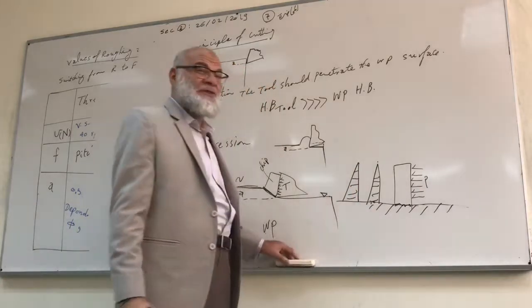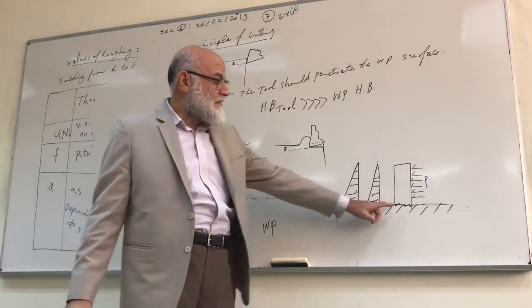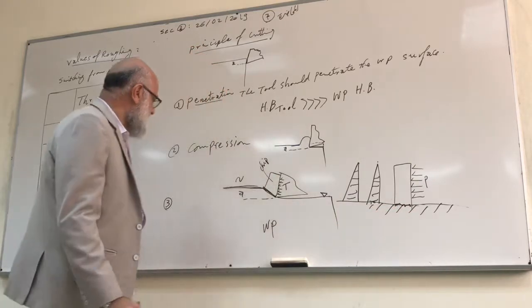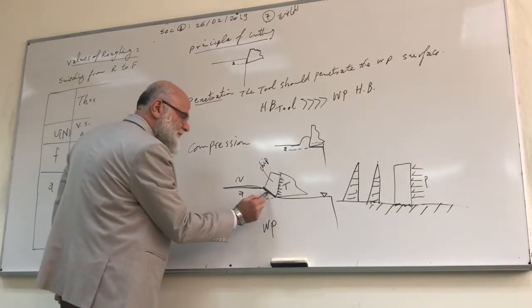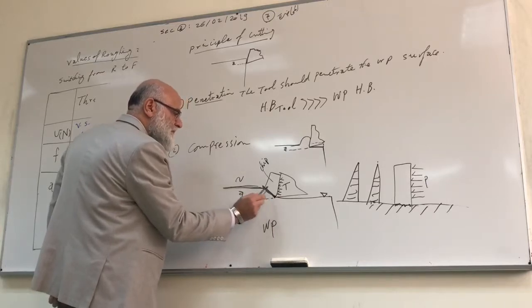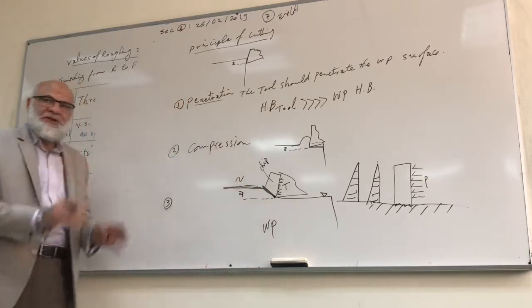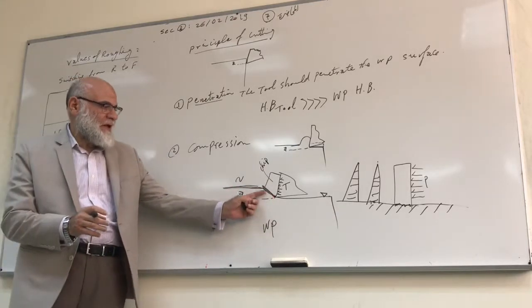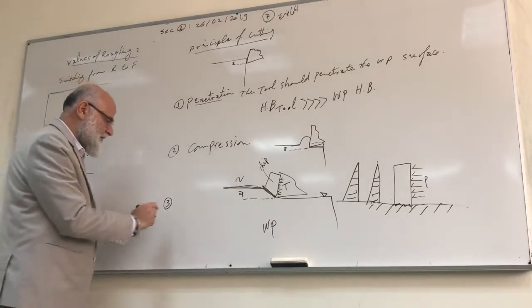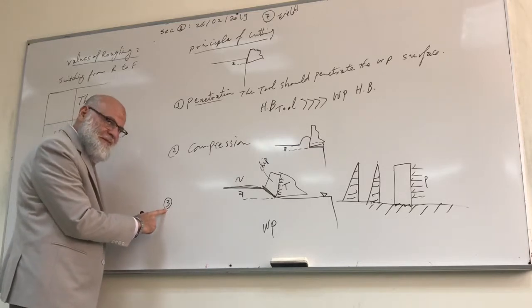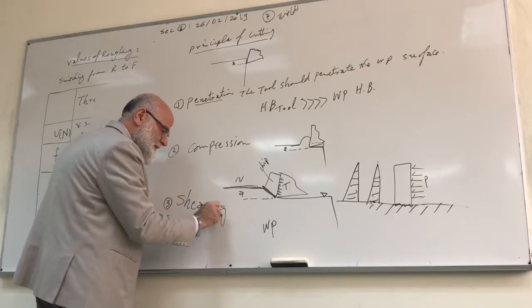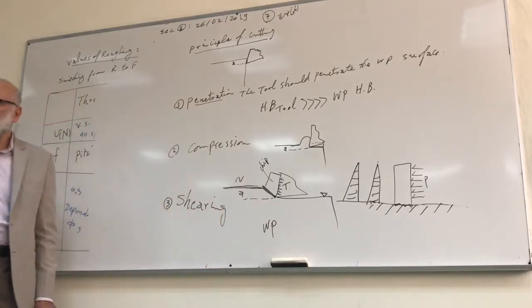So the maximum in both shear and bending is at this section. This section is having shearing, our maximum shearing. Therefore, this stage is called shearing. Shearing on what? On the critical section.